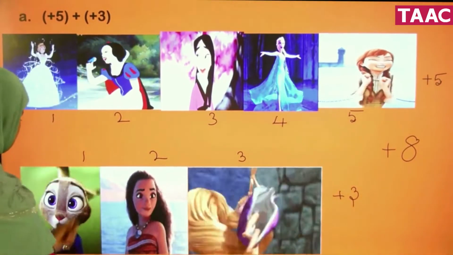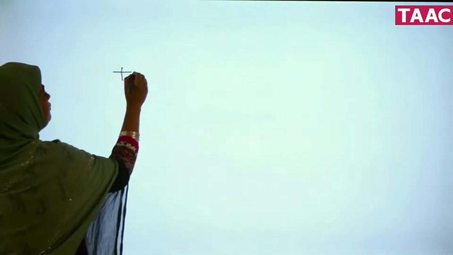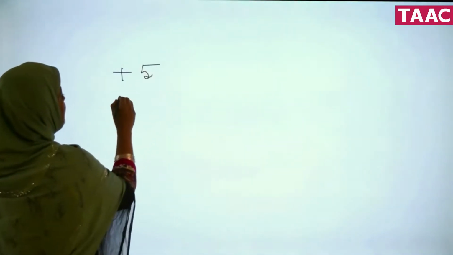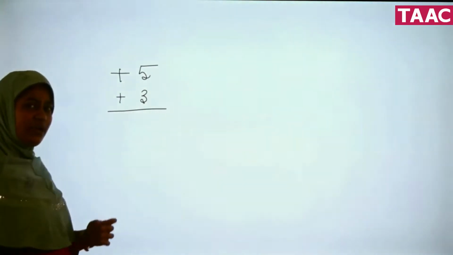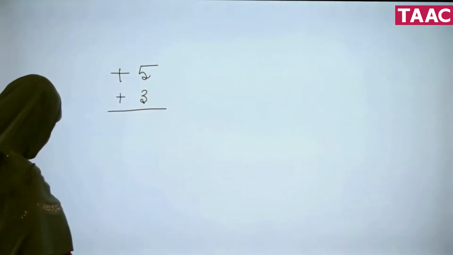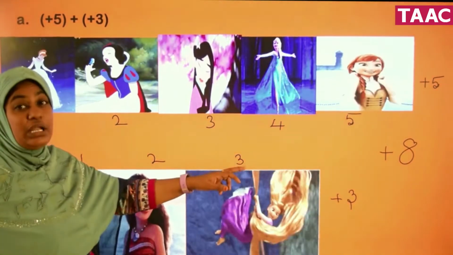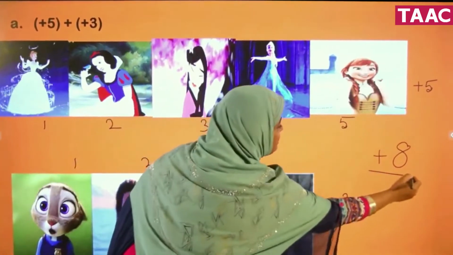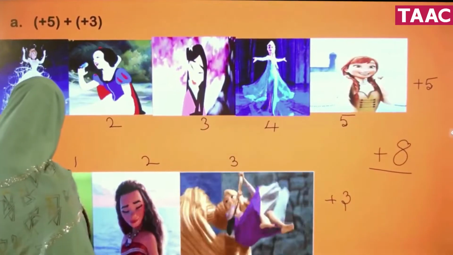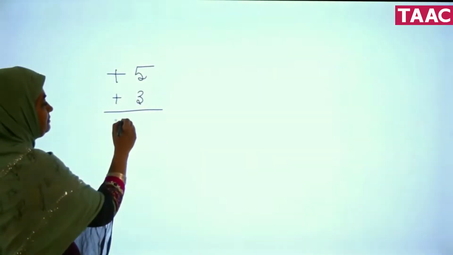Plus 5 plus 3. I am going to write this here. So, plus 5 and plus 3. Now, what have we got? Can you see here? We have got plus 8. So, I am going to write that plus 8 here.